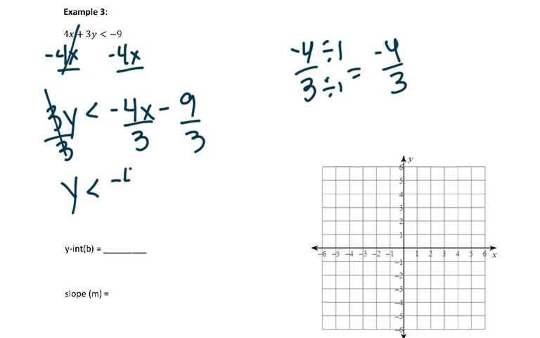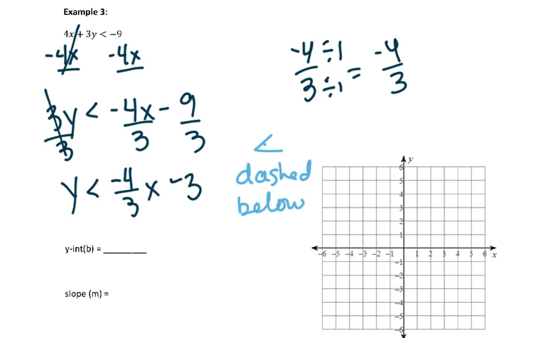So we'll leave it as -4/3 x, and then minus 3. So what do we have here? We have a less than symbol. It's going to be dashed, and it's less than, so it's going to be below. We have -3 as our intercept, -4/3 is our slope. So down and right, or up and left.